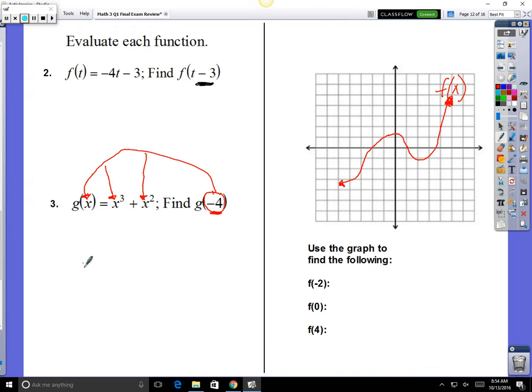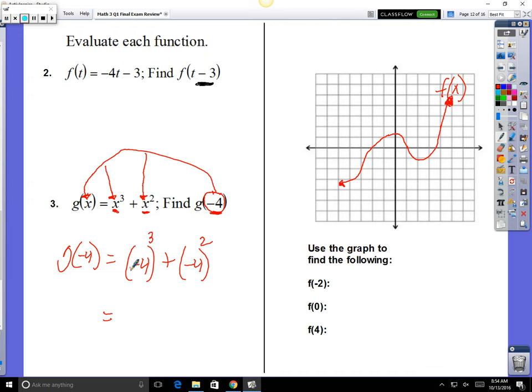So this can be g of negative 4 equals, now where the x's are, put parentheses. So do parentheses, negative 4, parentheses, cubed, plus, where the x is, put parentheses, negative 4 squared. Okay, now if you just type this in on your calculator and hit enter, you will not miss it. Make sure you have the parentheses, though, otherwise your calculator will not do it right.